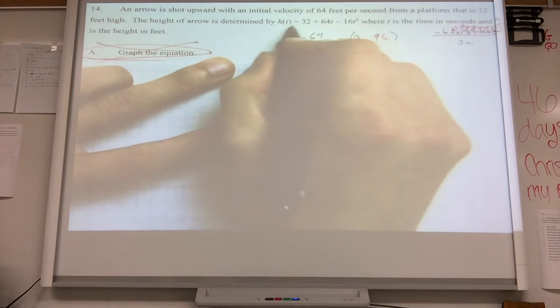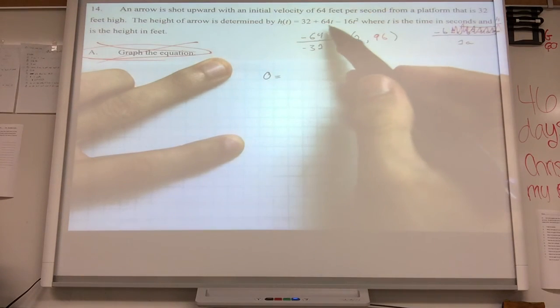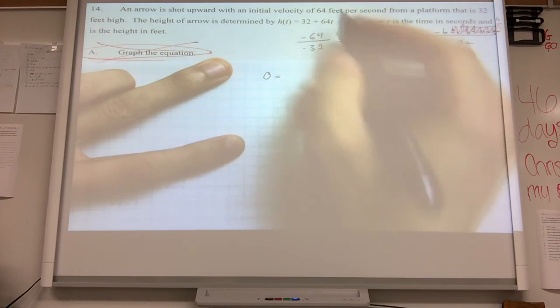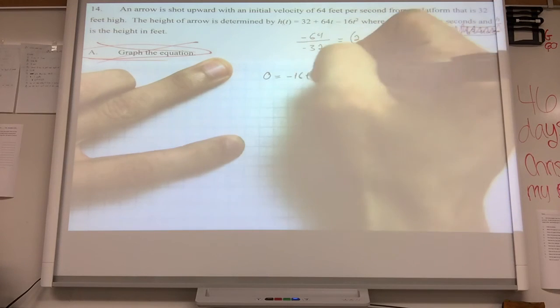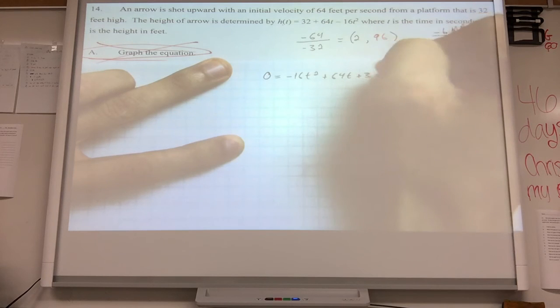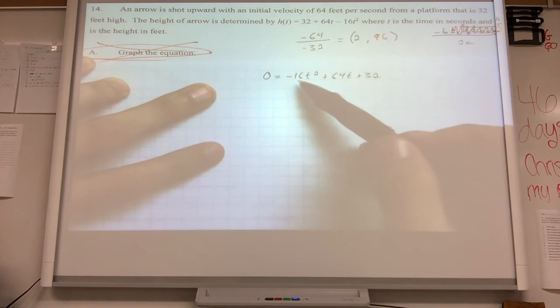So I've got right here, 0 equals, okay, 32 plus 64t. I'm actually going to switch it all up. So negative 16t squared plus 64t plus 32. So we need to set it equal to 0 before we use the quadratic formula. It's already set equal to 0.